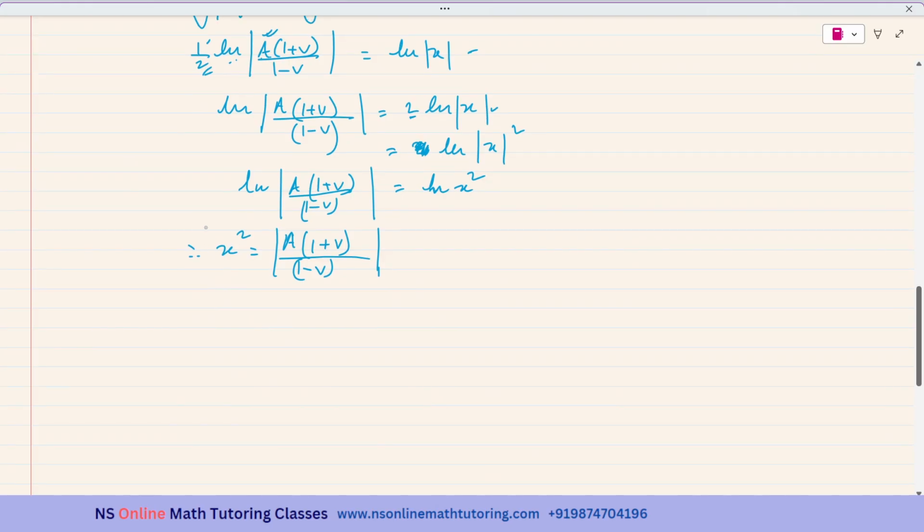So shown. I have to keep the absolute value notation because x square will always be a positive term.